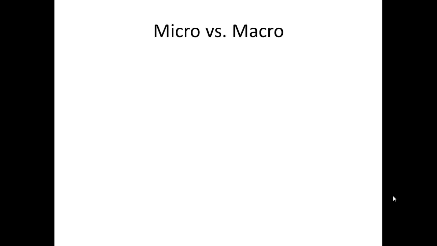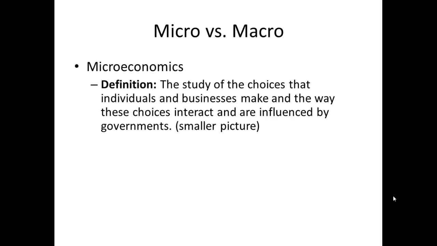Some of you might have watched it yesterday, but the concept or the ideas of microeconomics versus macroeconomics. So, what is the difference, right? Microeconomics, very simply, is the study of the choices that individuals and businesses make and the way these choices interact and are influenced by governments. So, for all intents and purposes, microeconomics is the smaller picture.